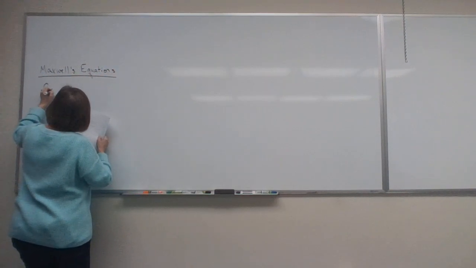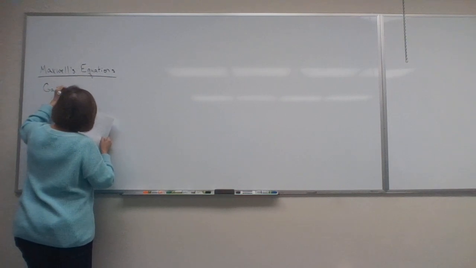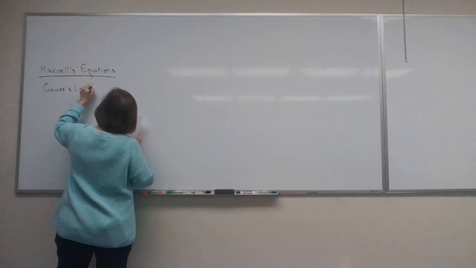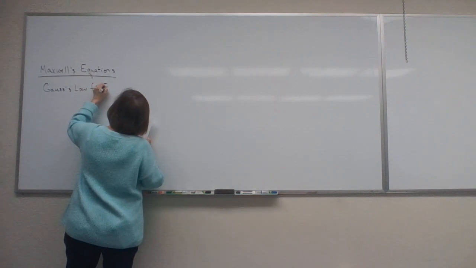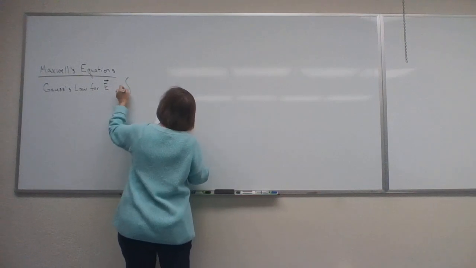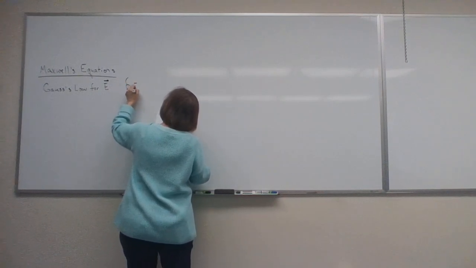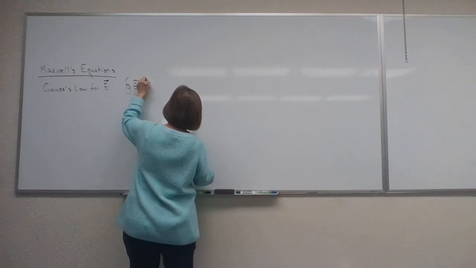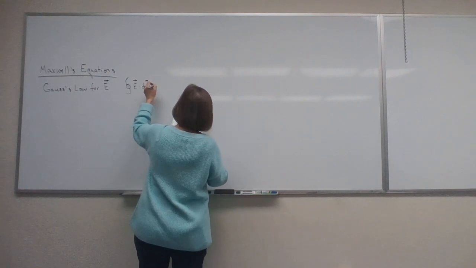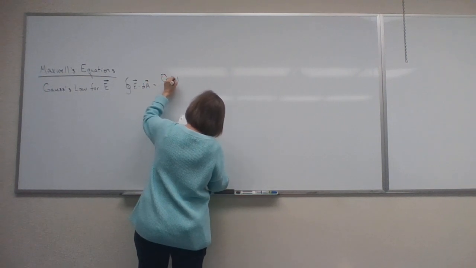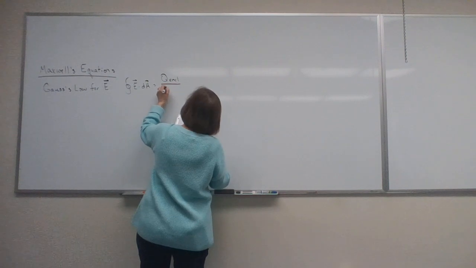Our first one is Gauss's law for electric fields. And that was the closed integral of E dot dA, so we're going way back earlier in the semester, is equal to the enclosed charge over epsilon naught.